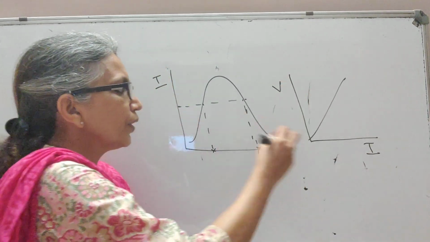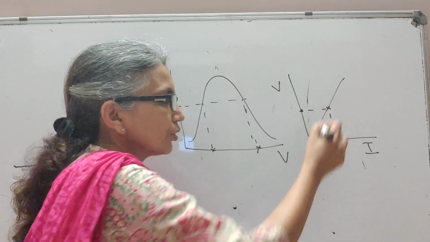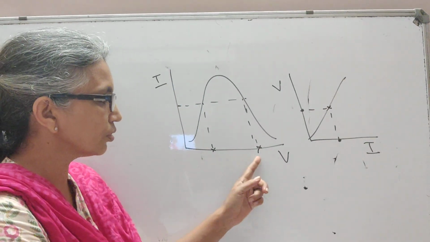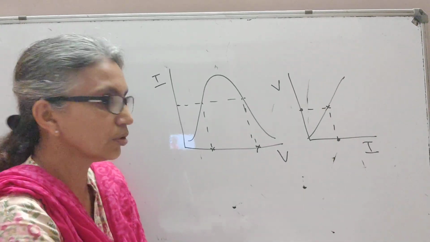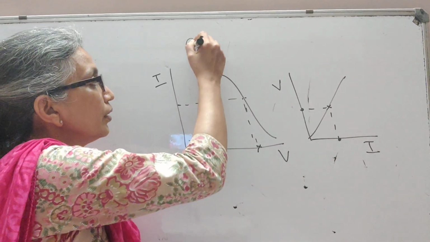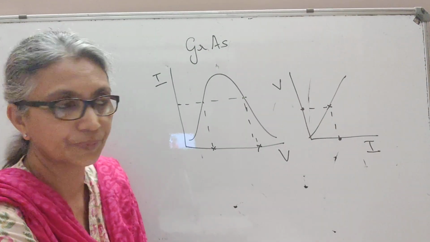Please note the difference here. We have only one current corresponding to one voltage. You can't have two different values of voltage corresponding to a single current value. So this is another material, gallium arsenide, again a semiconductor which does not obey Ohm's law.